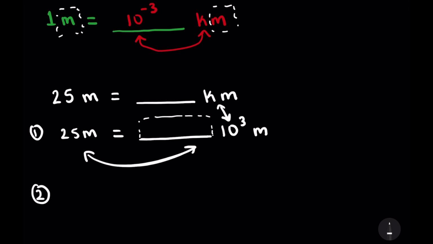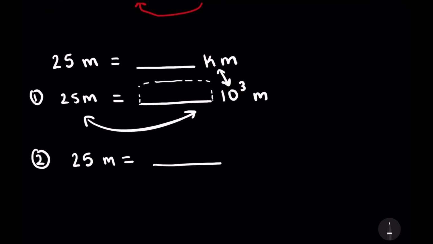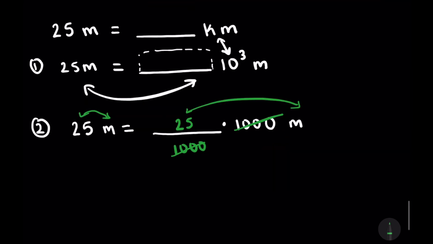So in our second step, we find what that number is. Before, we were just converting from 1 meter to kilometers. This time we're doing 25. So if we want to take some value that's going to cancel out here, it's a little bit trickier. Let's remember that 10 to the 3 is 1,000, just to make that more explicit. We're going to have to multiply by 25 over 1,000, because our thousands are going to cancel here, and we end up with 25 meters, similar to 25 meters here.